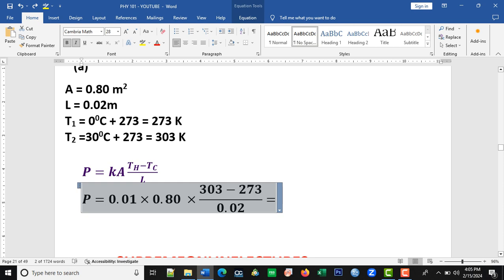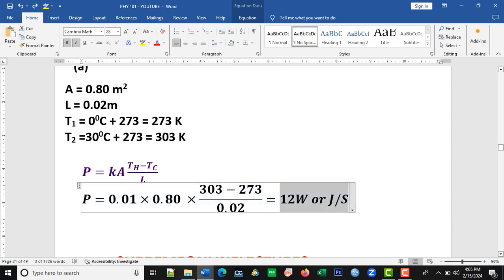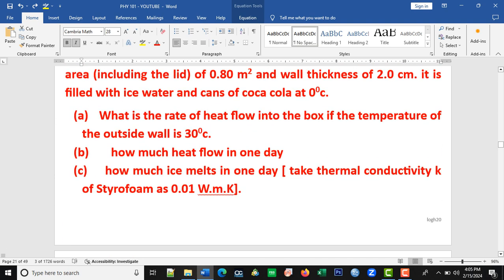When we simplify this, we have 12 watts.